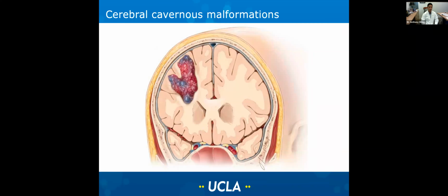These are malformations of blood vessel formation. Most commonly, they will show up by bleeding, and some of the stuff that happens as a result of hemorrhage, such as inflammation or mass effect from the hemorrhage.